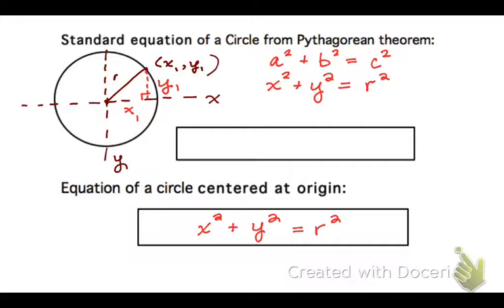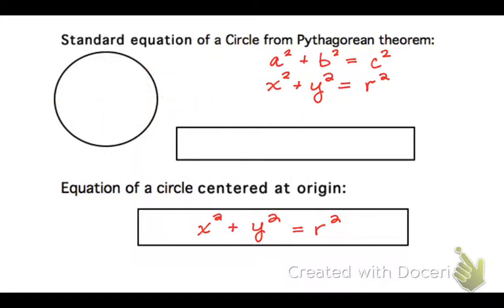If we had a similar circle, but let's say that it was shifted so that the origin was to the left, and now the center of that circle is going to be some units away from 0, 0. We would have to account for that in our equation of the circle.